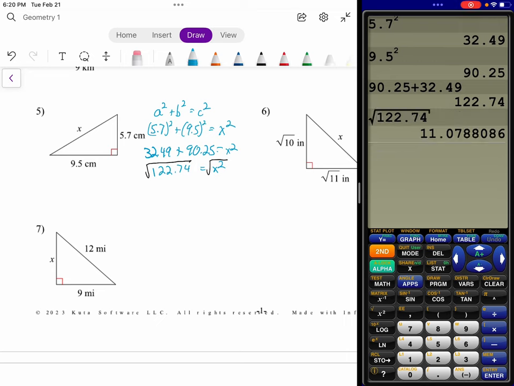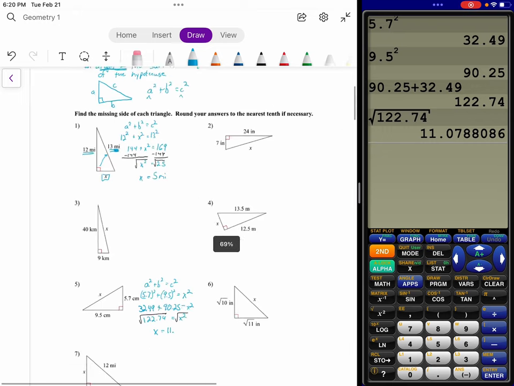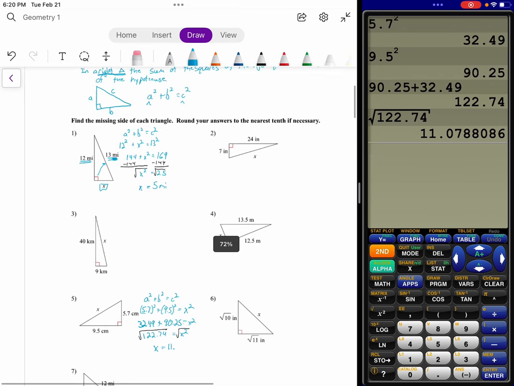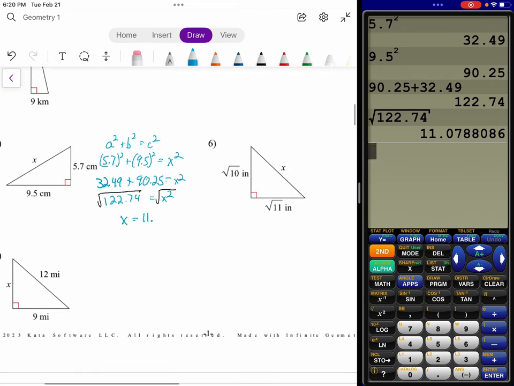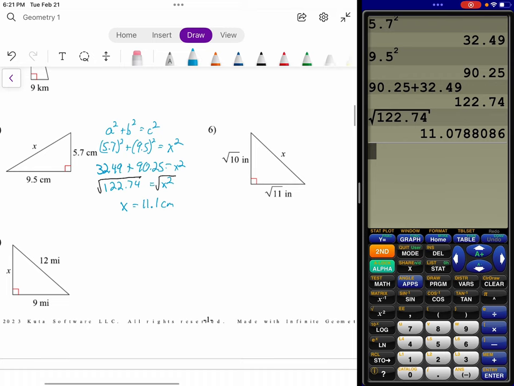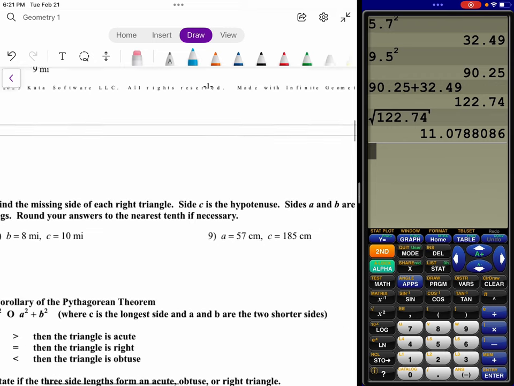And we get x equals 11 point, let's go up to our directions, round your answers to the nearest tenth. So 11.1 centimeters. So that's using the Pythagorean theorem.